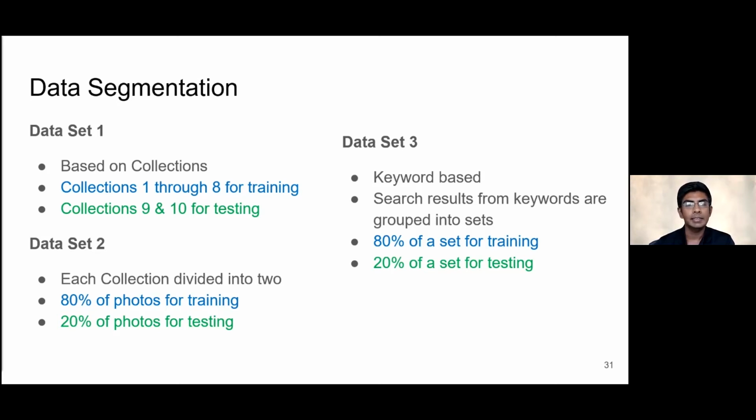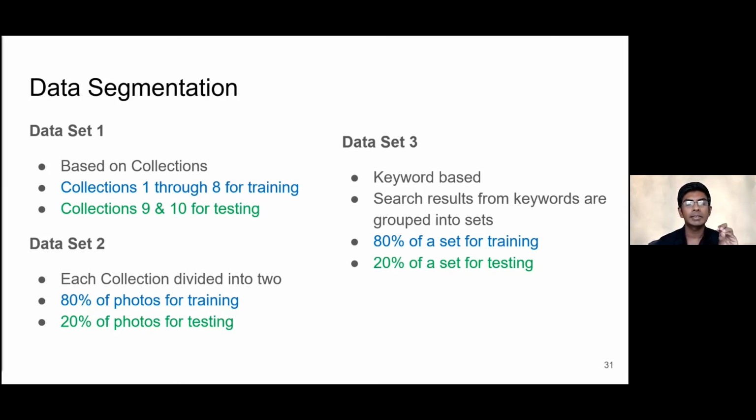On the second method, dataset 2, rather than reserving sets of collections for training and some other collections for testing, each collection we divided into 2. 80% of the photographs from each collection would go to the training process and the remaining 20% for the testing process. The third one is similar to that, but instead of collections, we used keywords.